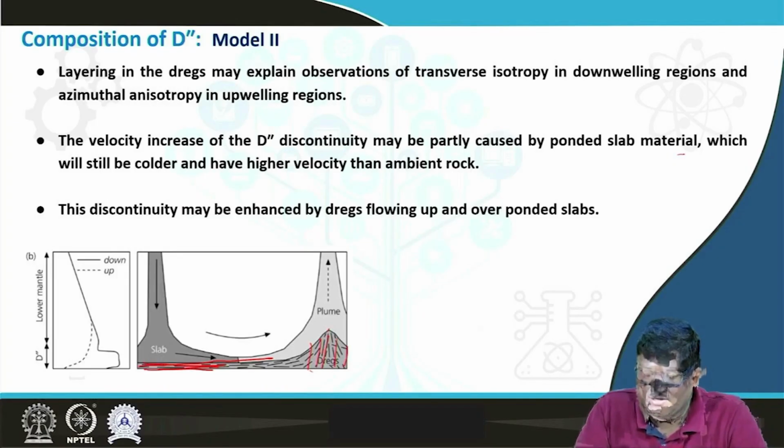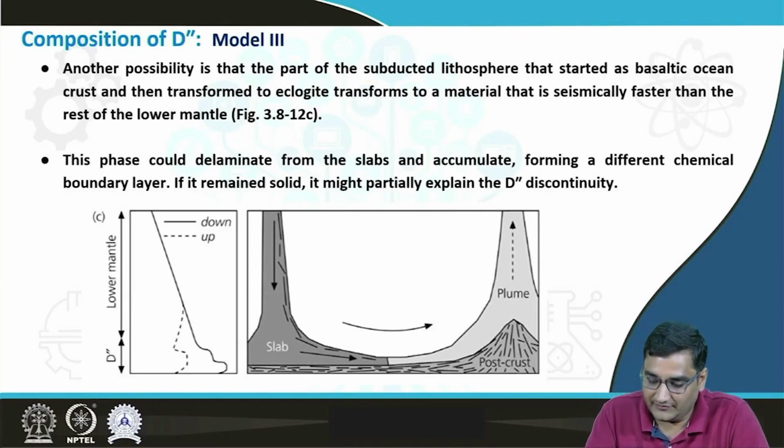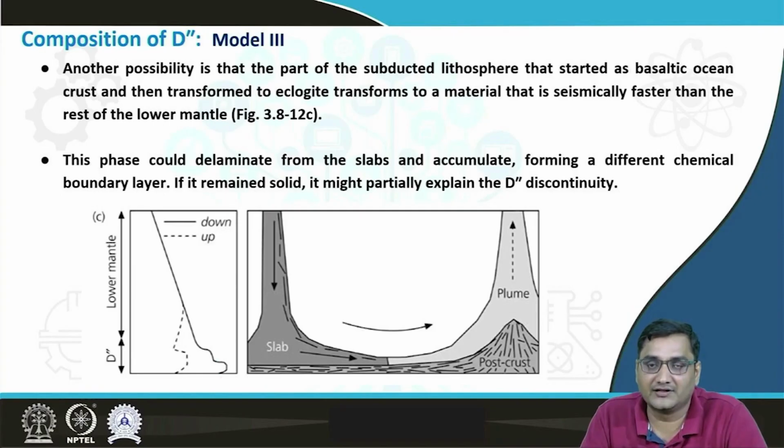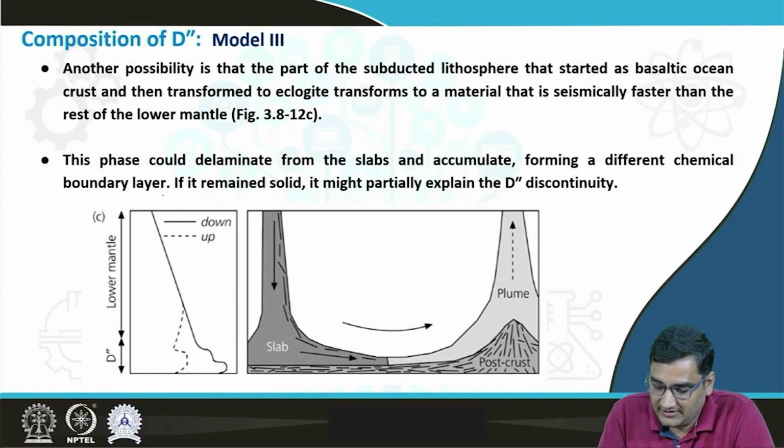There is another possibility, model 3, which says that the part of the subducting lithosphere that started as basaltic ocean crust, then transformed into eclogite, then to a material that is seismically faster than the rest of the lower mantle, and this phase could delaminate.